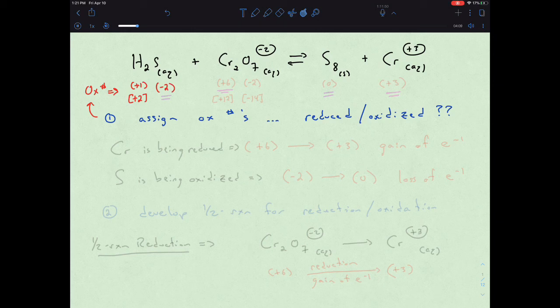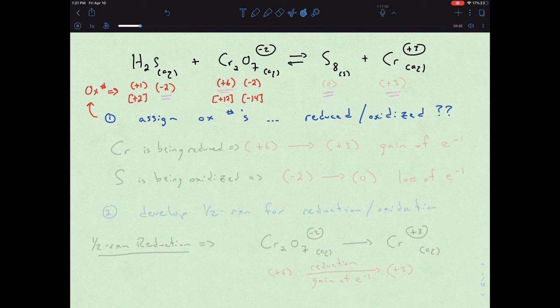So hydrogen +1 for its oxidation number, sulfur -2. With the dichromate, our oxygens are -2. There are 7 of them, so there's a total of -14 for them. That means our chromium must be, in terms of a total, have +12. And so each chromium atom then has that +6 oxidation number.